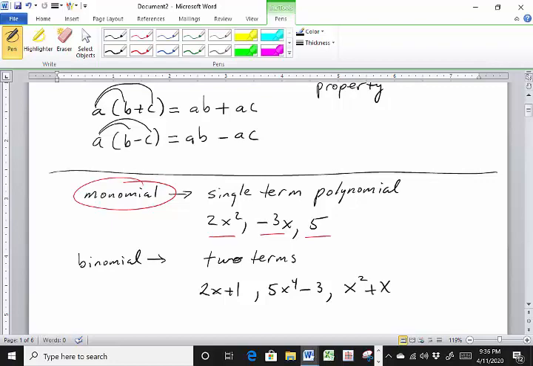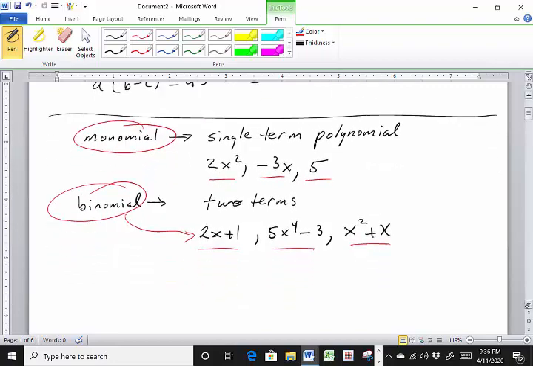Notice here, two terms, hence called a binomial, but these are also called polynomials. A polynomial is just a general term for multi-term expressions. It could be one term, two terms, three terms, and so on. But specifically, since these are two terms, it can be called a binomial.